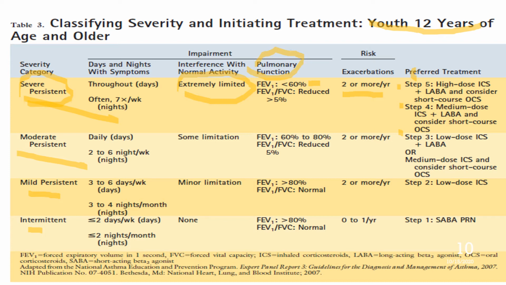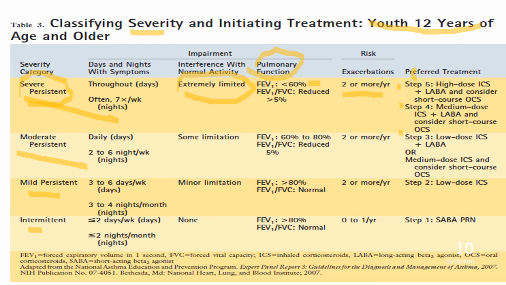Basically, when you're diagnosed with asthma, we classify your severity score, which is very important, and then we start you on a preferred treatment plan. You might have exacerbations, so you increase your medication. You'll go from step 4 to step 5, and then once you're managed very well, you can go back to step 4.